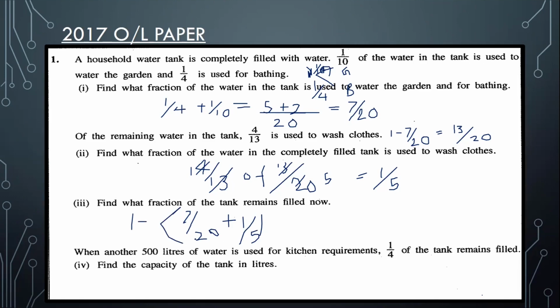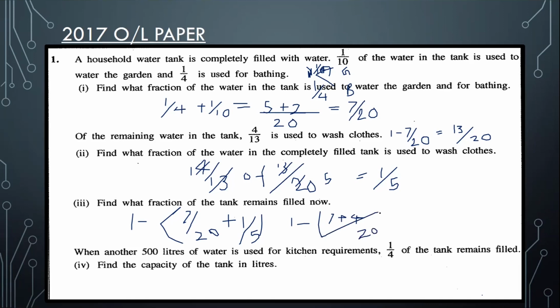Now, if you simplify this, you can take the 20 as the common multiple. You have to multiply by 4. So that is equal to 1 minus 7 plus 4/20.